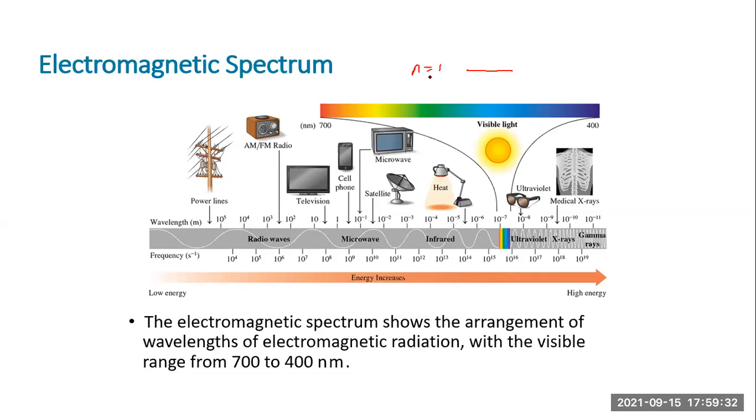For example, n equals 1, where n is the energy level, and maybe an n equals 2, which is a higher energy level, and n equals 3, which is a higher energy level. And electrons can get excited in many different ways.